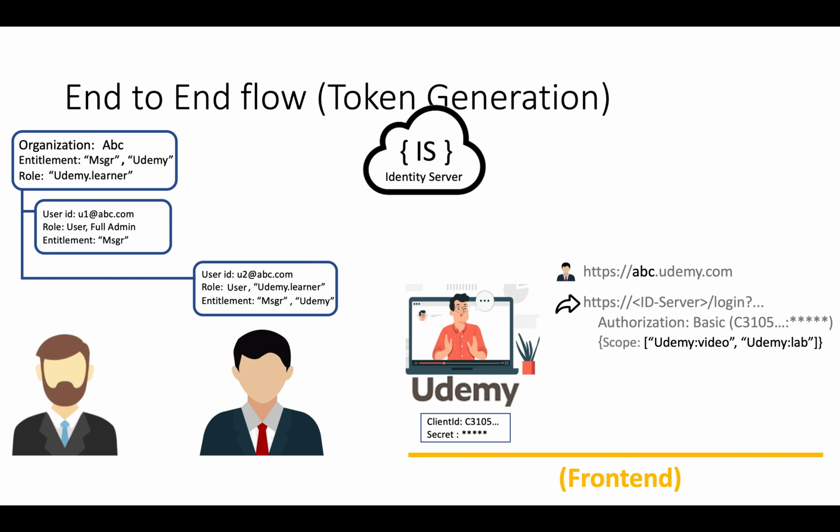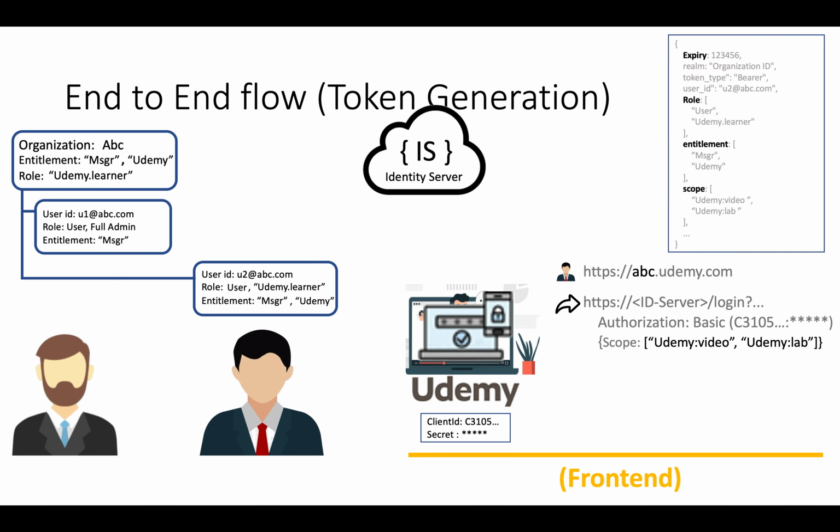Let's come back to our sequence flow. After receiving this request, identity server presents a login screen. Here, user enters credentials. On submission, identity server will generate a token. Token has various parameters.